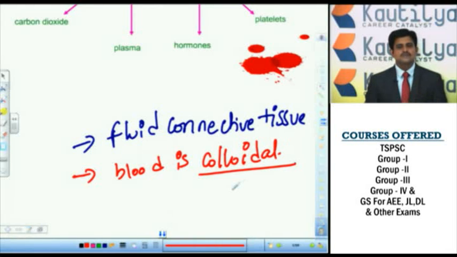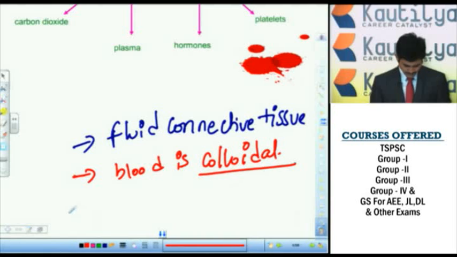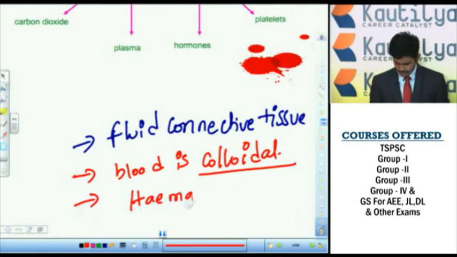If solid particles are dissolved in the air, we call it aerosols. If fats are in the water, we call it emulsions. And blood comes under the category of colloidal in nature. And next one, the study of blood is known as hematology.